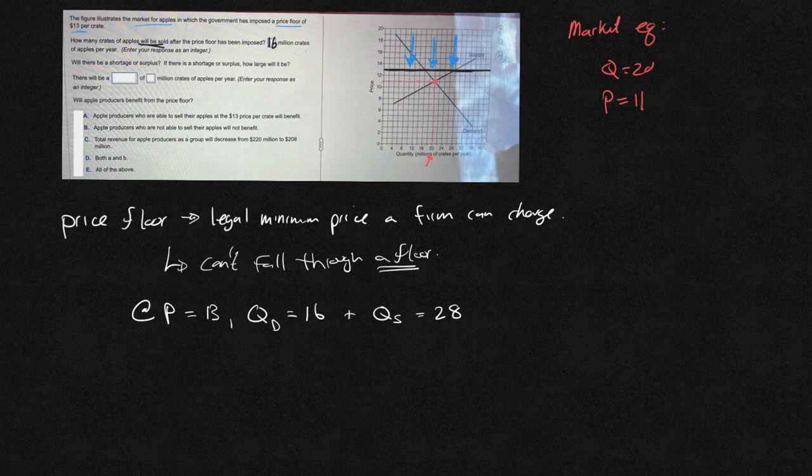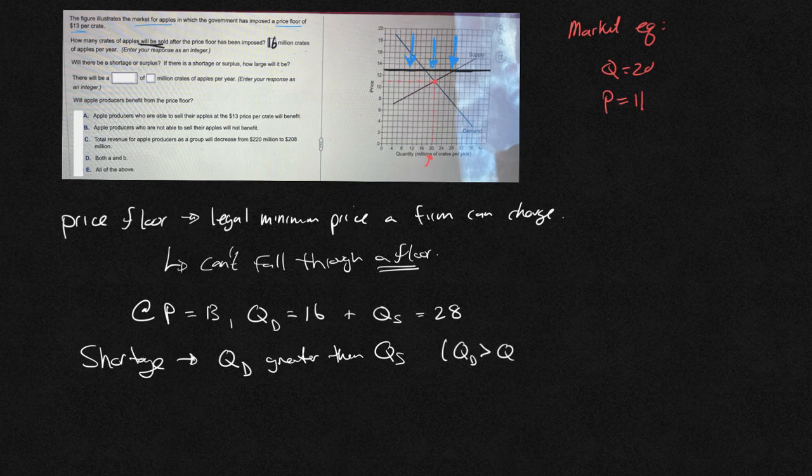Well, in this case, let's look ahead and look at what the definition is of a shortage and a surplus. Remember, what a shortage means is that the quantity demanded is greater than the quantity supplied. So you can think of this as quantity demanded greater than the quantity supplied.